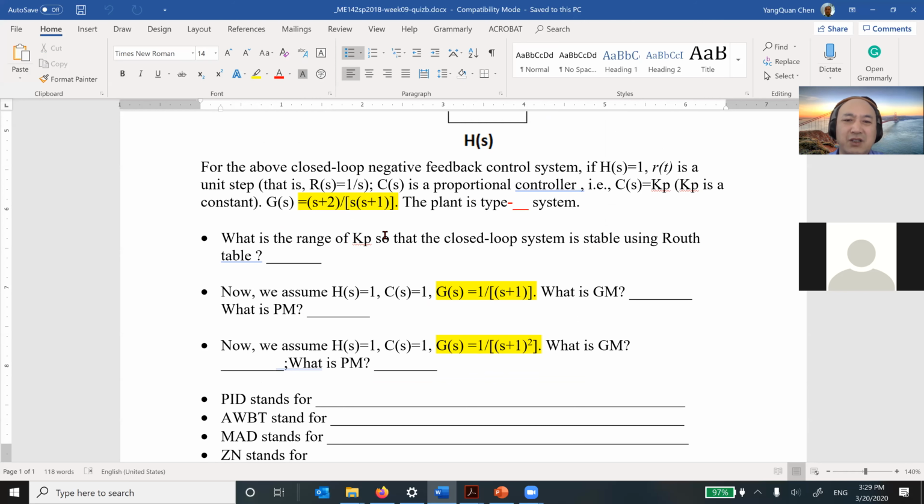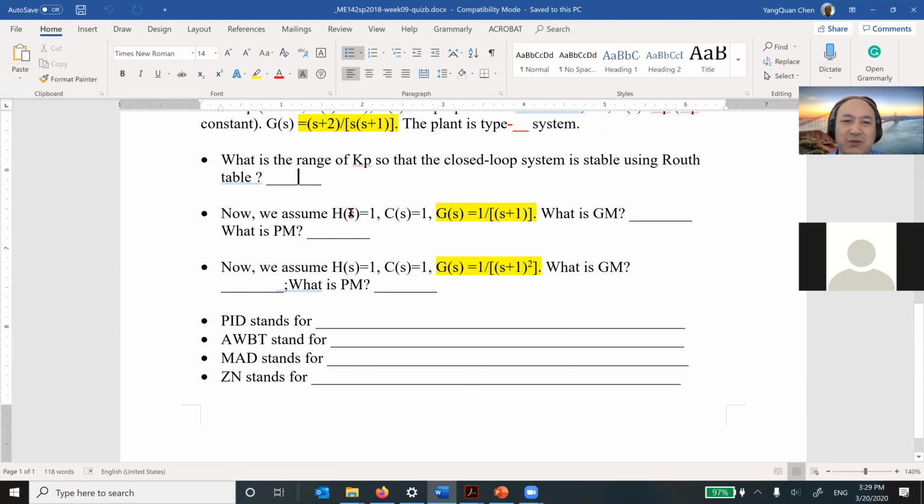All right. So you are given H is 1, C is 1, GS is just this one, right? Just this guy. What is the gain margin for this? It's infinity, because you don't have a phase crossover, so you don't have an omega p in it. So it's infinite. So what's the phase margin? Because you have a gain crossover, do you?